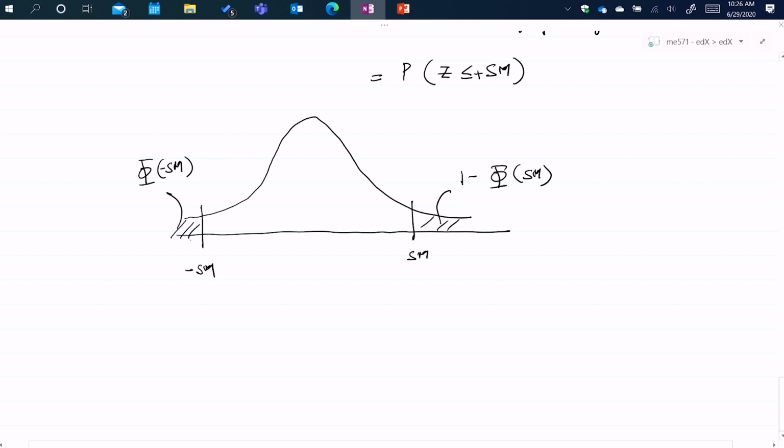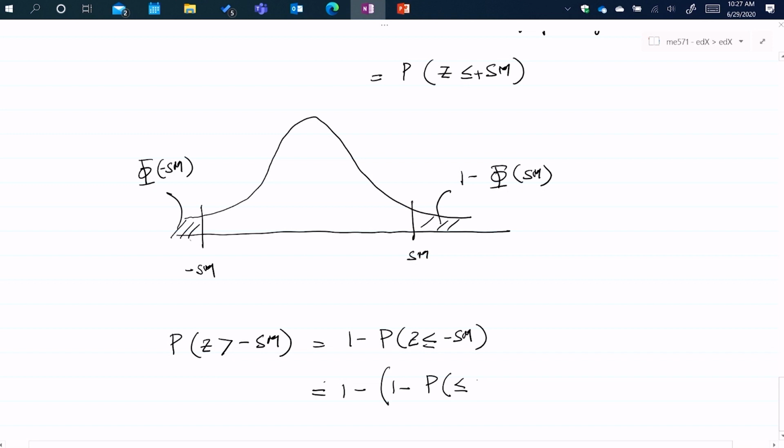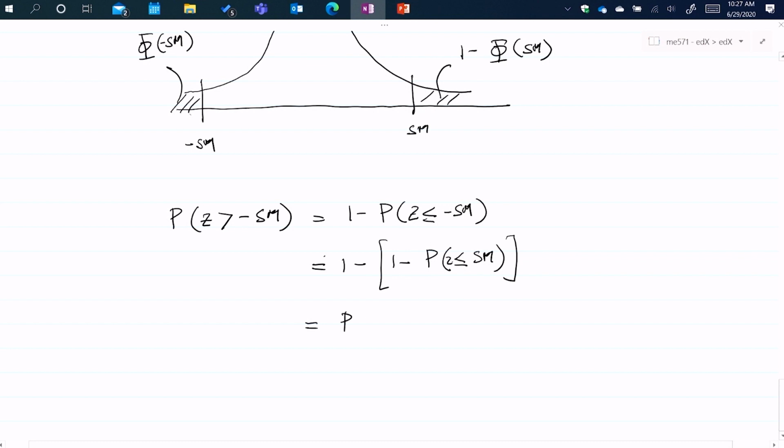So what we want is the probability that z is greater than negative safety margin, which is 1 minus the probability that z is less than or equal to negative of safety margin, which is equal to 1 minus 1 minus the probability that z is less than or equal to plus safety margin, which is equal to the probability that z is less than or equal to safety margin, which is our CDF corresponding to safety margin.